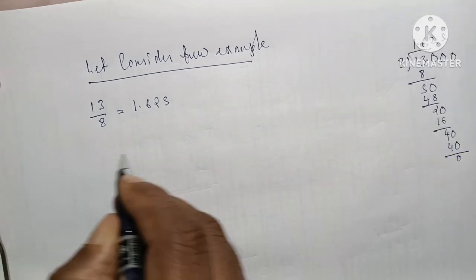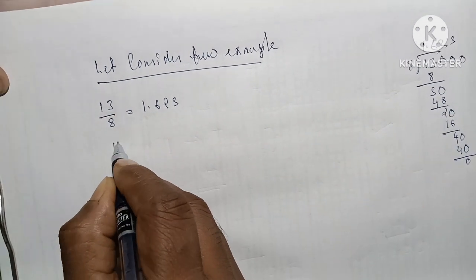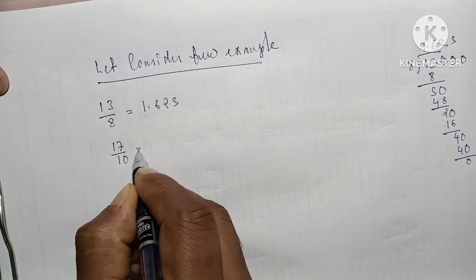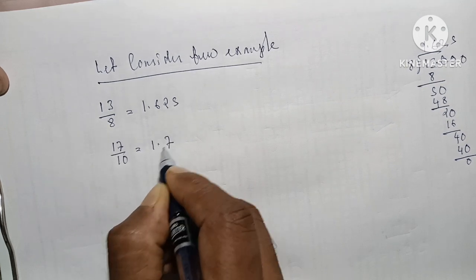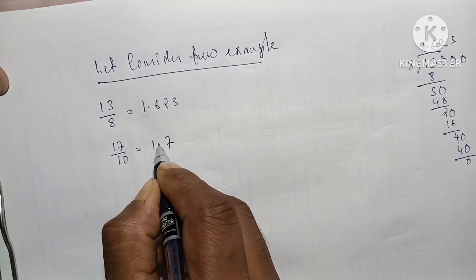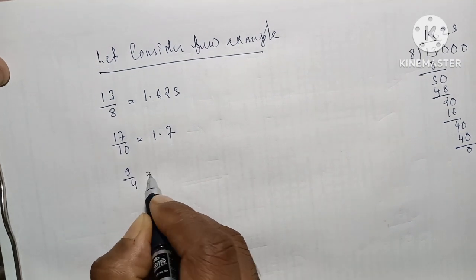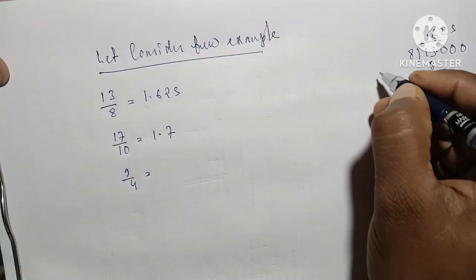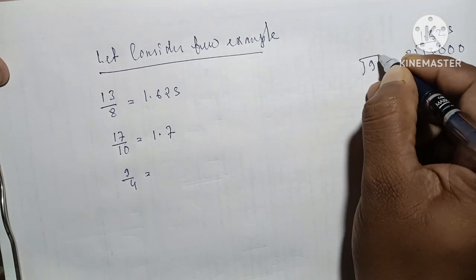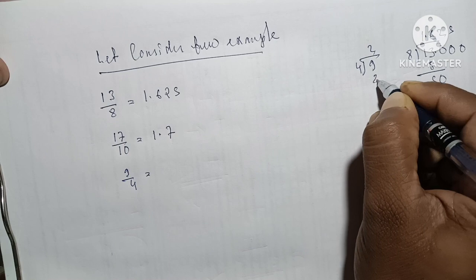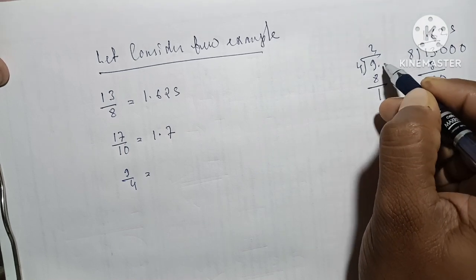Okay, now consider another example, 17 by 10, which is 1.7. This one, you divide, you get 1.7. Then consider 9 by 4. What is the decimal expansion of this one? Let's see. 4 2s are 8, 1, for decimal you give 0.